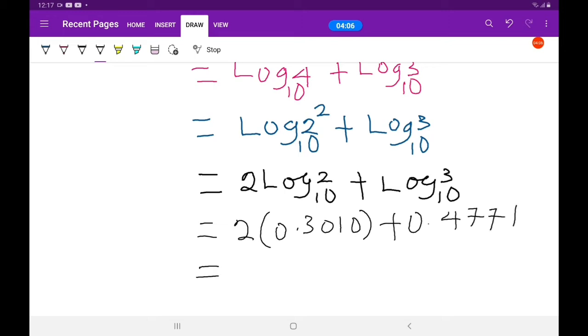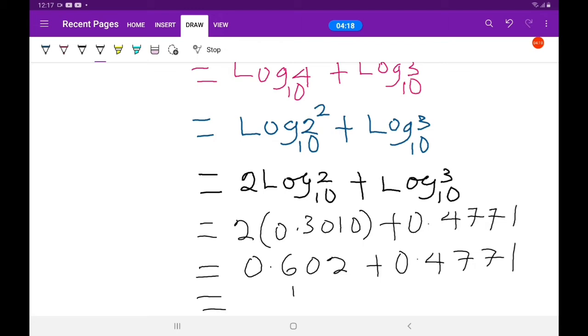You can now simplify this further: 0.6020 plus 0.4771, and the answer will now be 1.0791. And that is log 12.